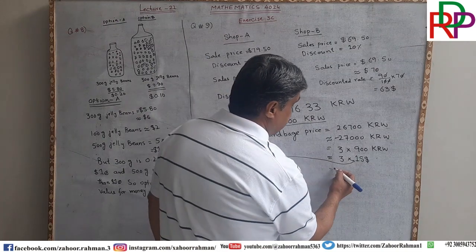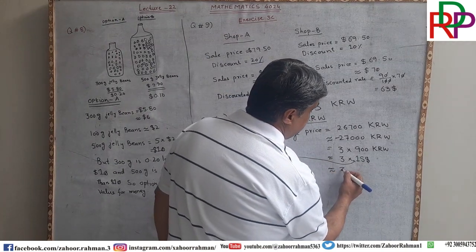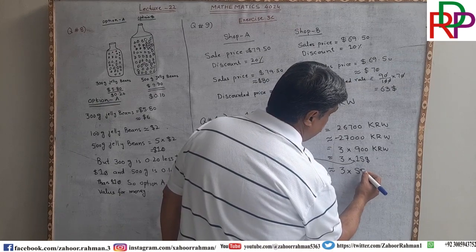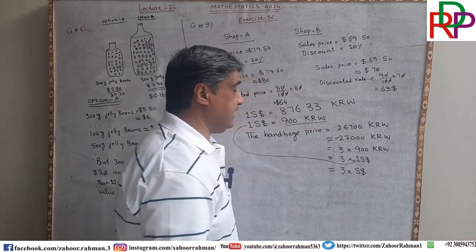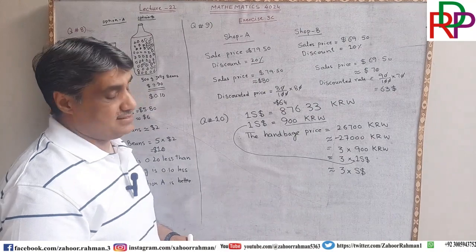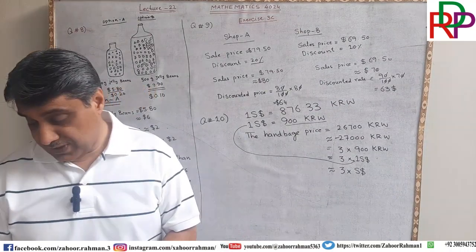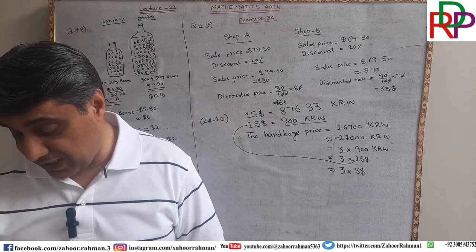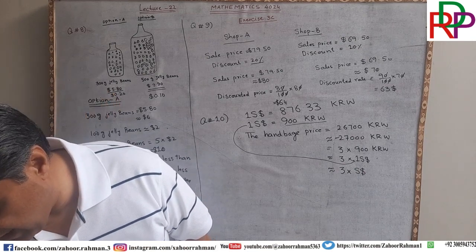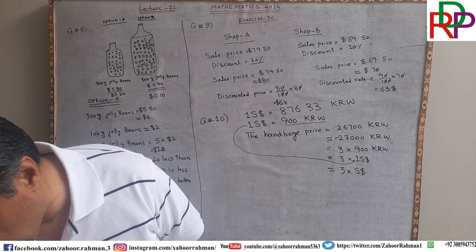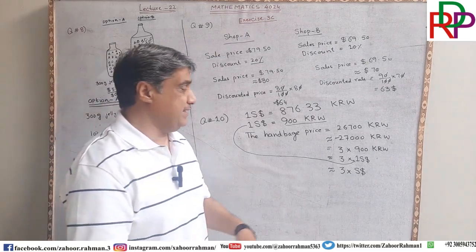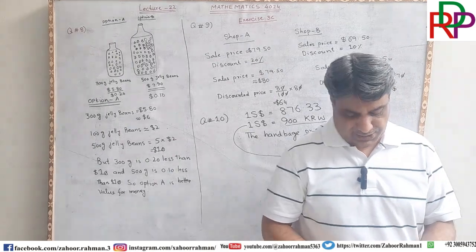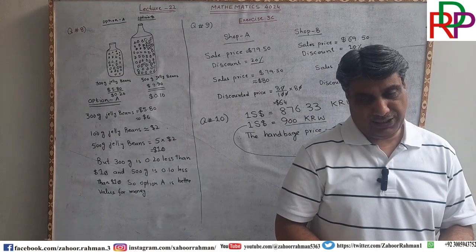So it means that we have to pay 3 Singaporean dollars, and that is the answer. So the question is saying that without using a calculator, estimate the price of the handbag in Singaporean dollar. So that will be $3 Singaporean.